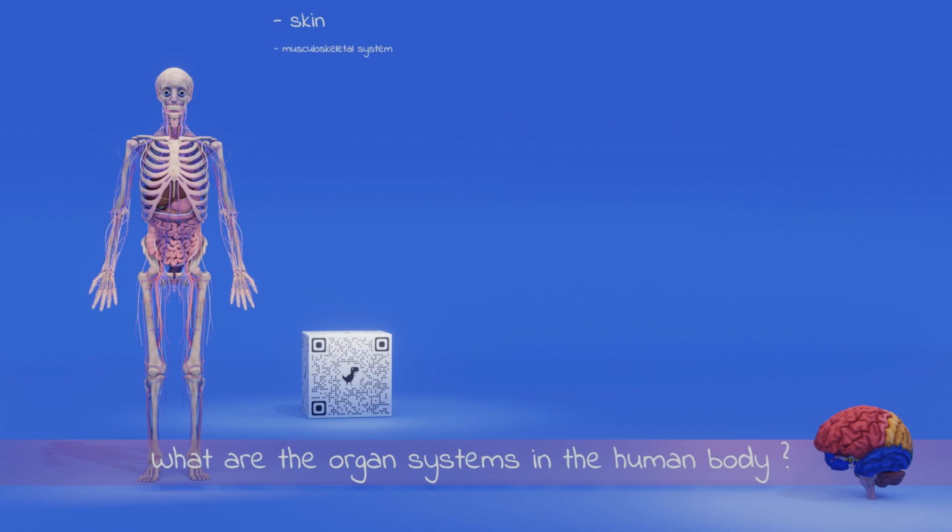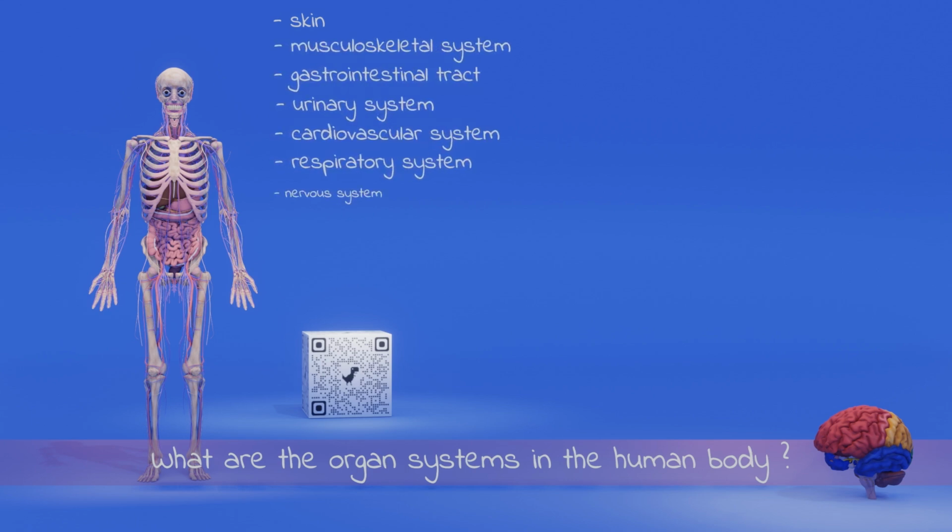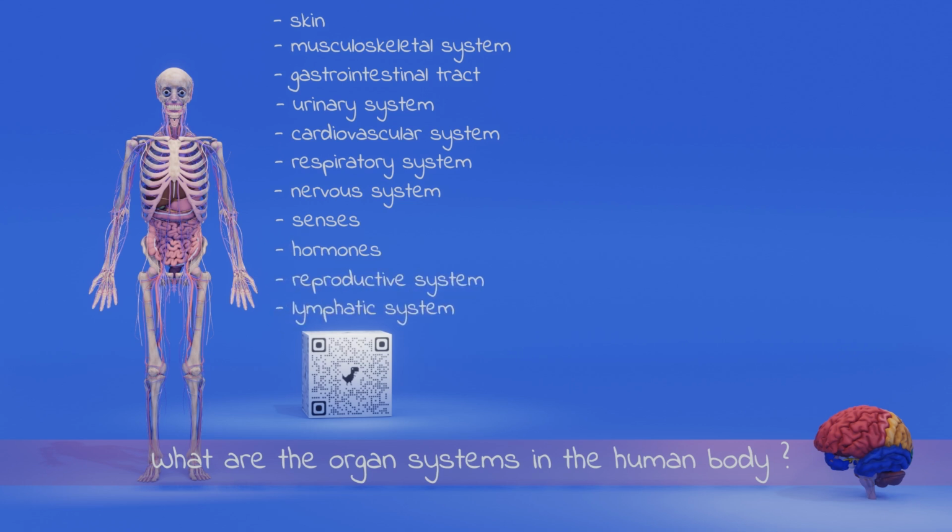The following organ systems are the skin, the largest organ of the human body, the musculoskeletal system, which consists of the skeleton and the muscles, the weights with which we can move. We have the gastrointestinal tract from the mouth to the anus, and that includes the stomach and intestines. We have the urinary system with the kidneys, ureters, bladder, and finally the urethra. The cardiovascular system.